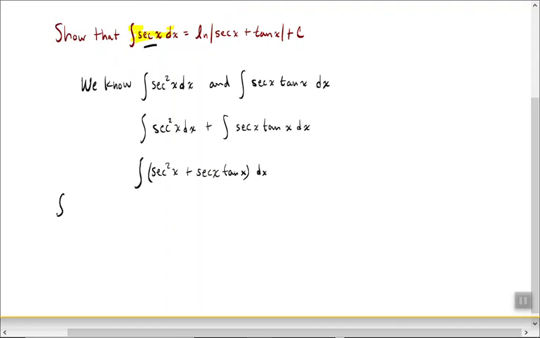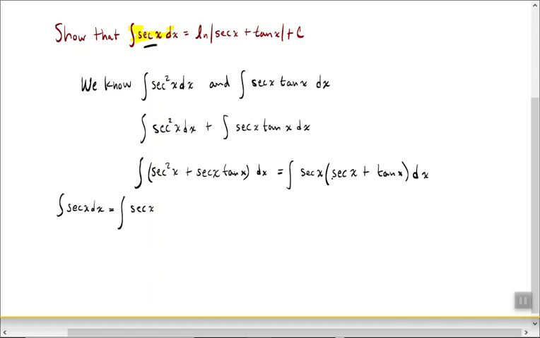So the integral of secant x dx, let's go ahead and take that and multiply by secant x plus tan x. Maybe I wasn't clear. Up here, we're going to say integral secant x, parentheses, secant x plus tangent x.